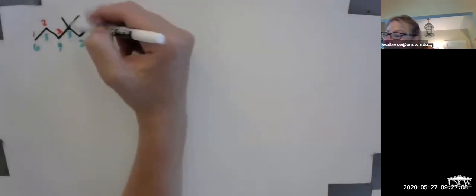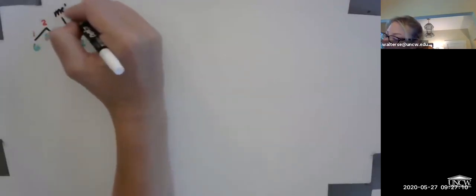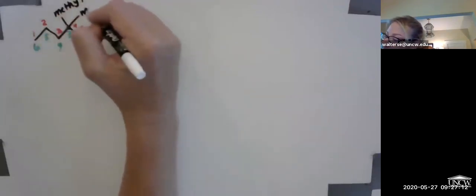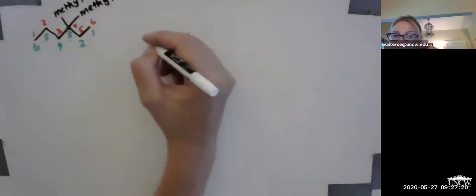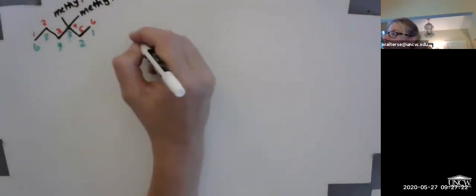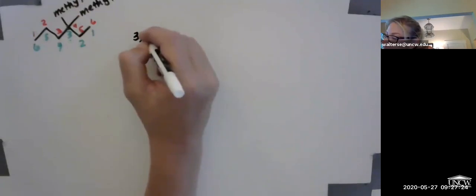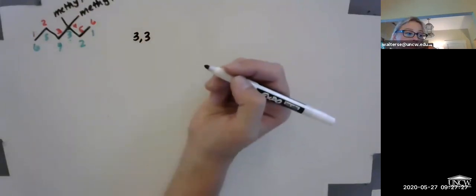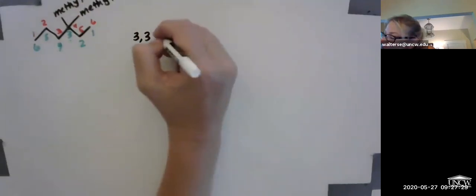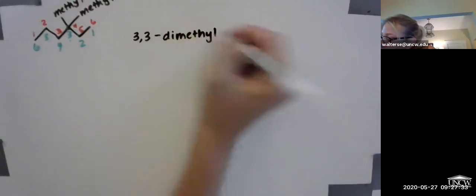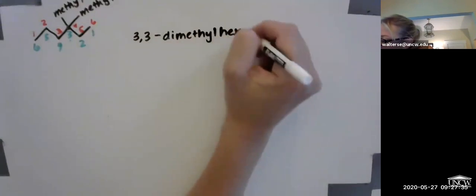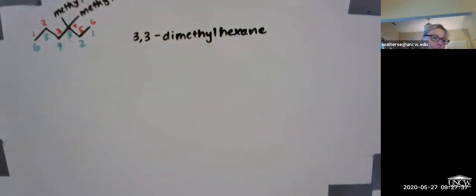So carbon 3 has a methyl group and a methyl group. You have to name both of them. So it looks weird, but you would say that on carbon 3 and on carbon 3, you have 2 methyls on a hexane parent.